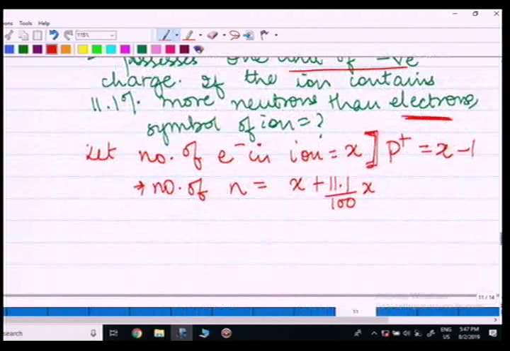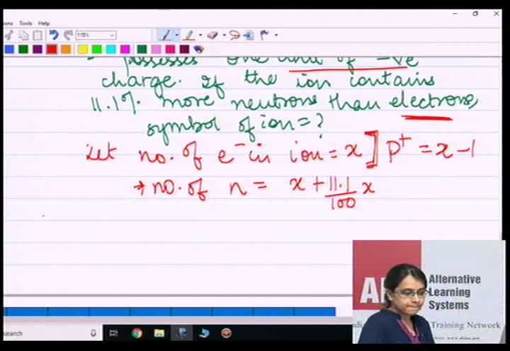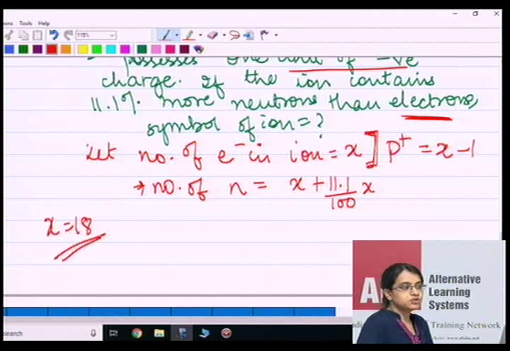Okay, students, I think most of you were able to solve the question. From this equation, you will get x as 18, which means that 18 electrons are present in your ion.